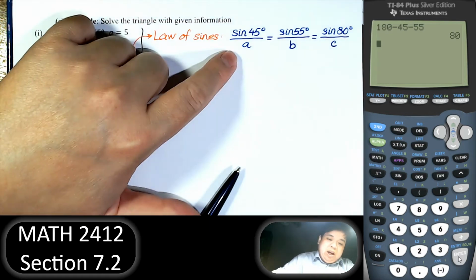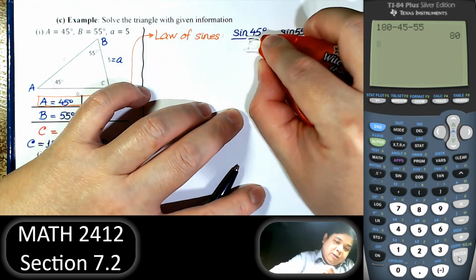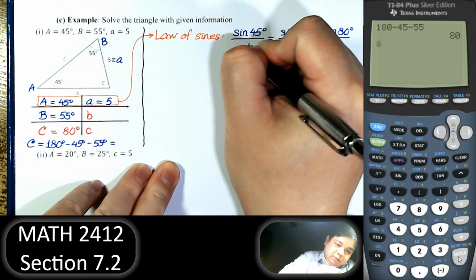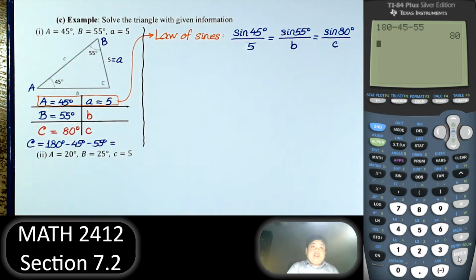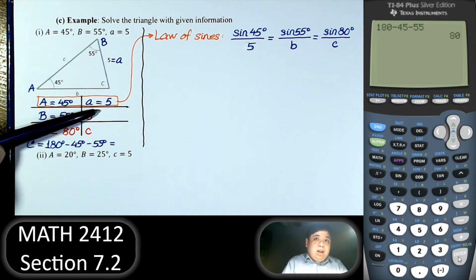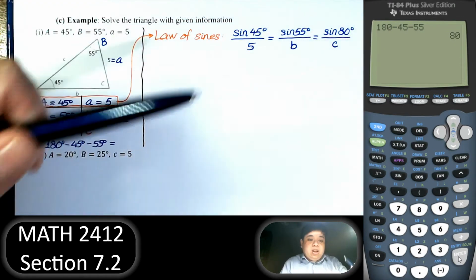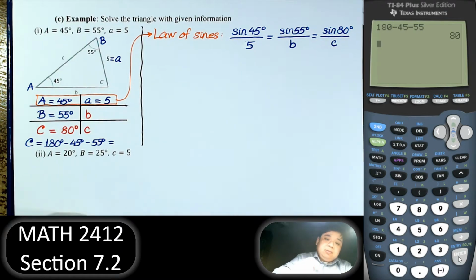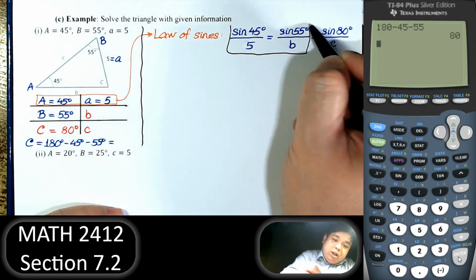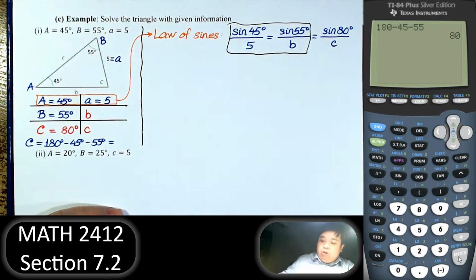So the sine of an angle divided by the opposite side is a constant. So we have 3 such ratios. Now it's easy. We just take these 2 ratios and cross multiply to solve for b.